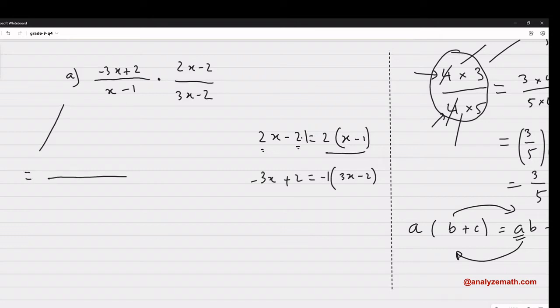Now we are going to replace this by this. We know why. So negative 1, or just minus 3x minus 2. Here x minus 1, nothing to simplify, multiplied by 2x minus 2. 2x minus 2, we have seen, is 2 times x minus 1. Here 3x minus 2.